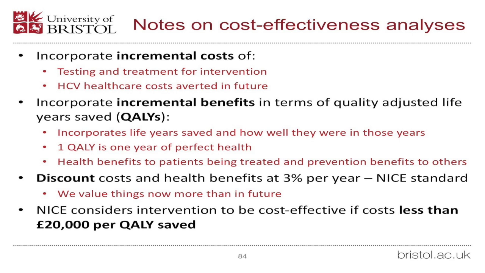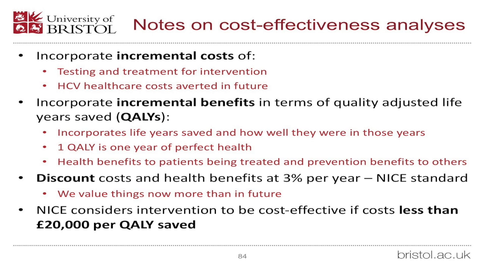If you were saved a year of health but you weren't feeling great, then it would be less than 1 QALY for that year of survival. And importantly, for hepatitis C, in our models, we try to incorporate the health benefits to the patients that are given the treatment, but also the health benefits to those people that might not have got infected due to you treating this infection, which may have caused onward infections in the past.